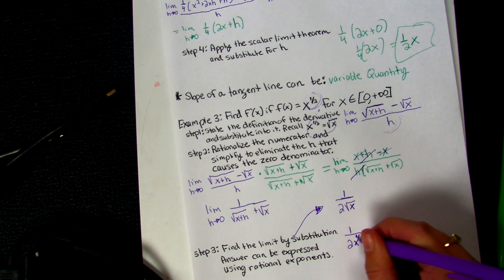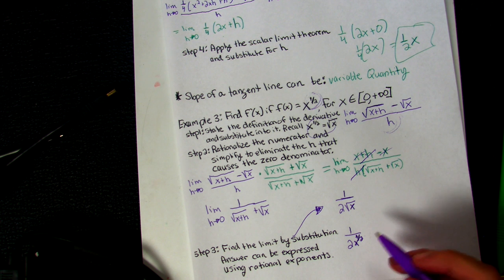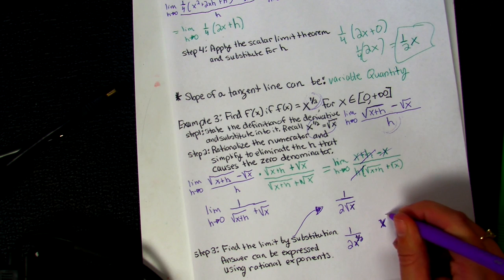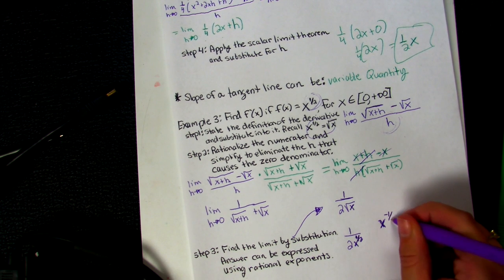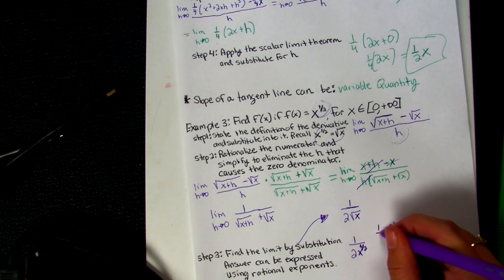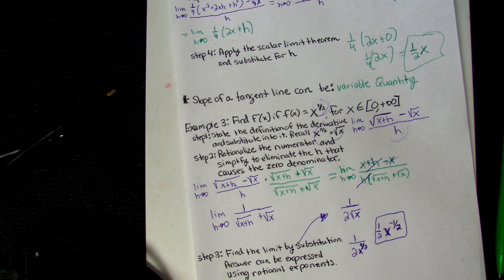All right, and if I want my variable to be in the numerator, I can move it to the numerator by making the exponent negative, and then we'll just leave this 1/2 out in front. And we have found our limit. All right, go ahead and try some problems on your own.